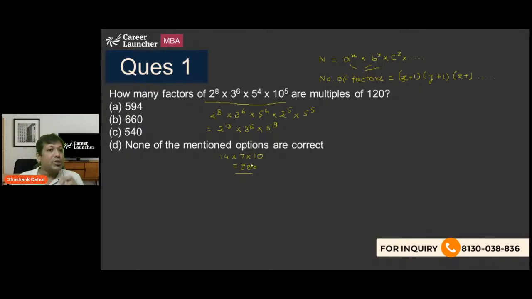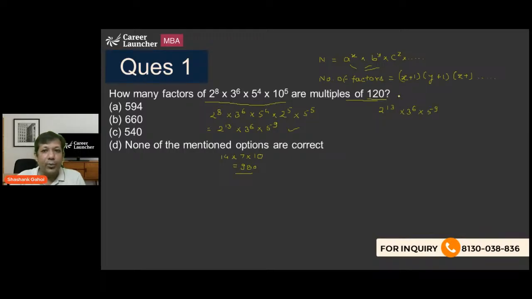But the question is not asking for the total number of factors. The question is asking how many factors are multiples of 120. So I have this number, 2 power 13 into 3 power 6 into 5 power 9.